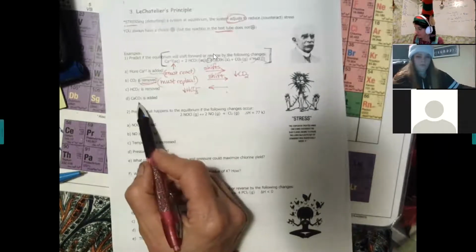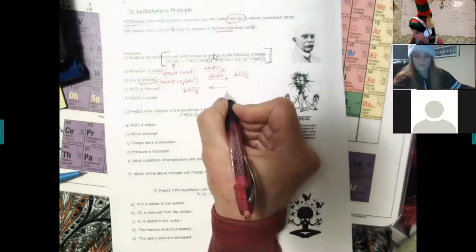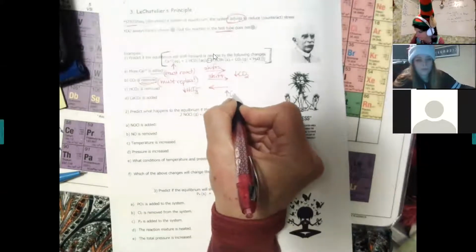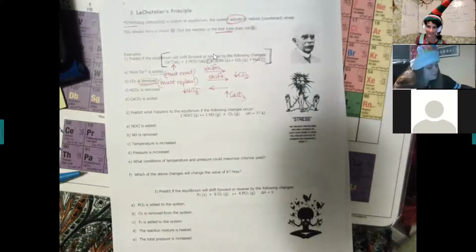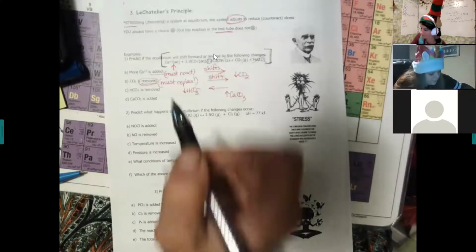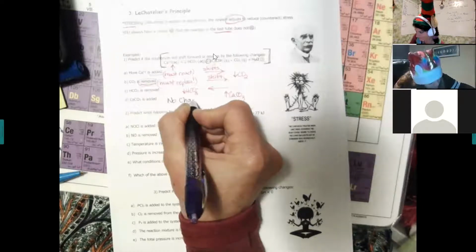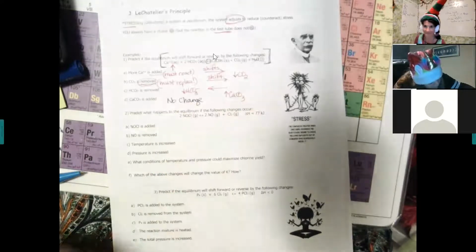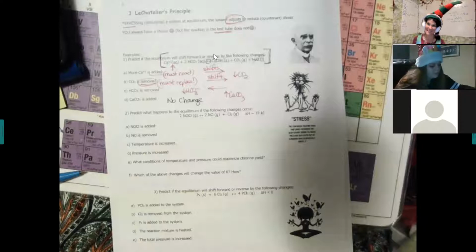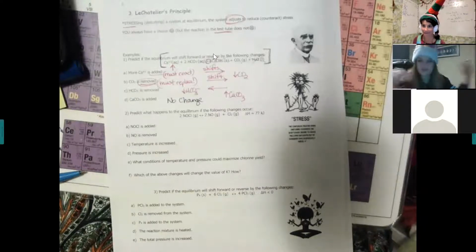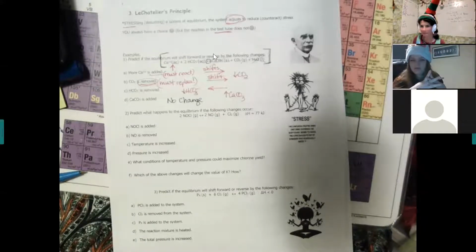All right, if you add more calcium carbonate, so if we increase the calcium carbonate, which is on the product side, the mistake most students make is they say it's going to shift reverse, but it doesn't shift. This one is no change. Why? It's like the trick question. Remember that question I asked, and Tiffany answered it correctly.